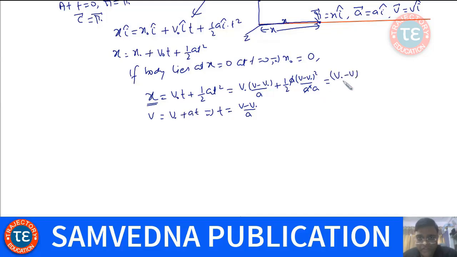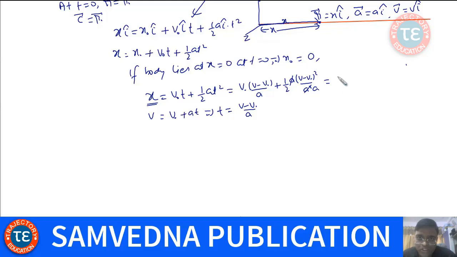So what is left? If I add it, this will be v naught plus v upon 2a. I made a mistake. It's not v naught minus v, it's v minus v naught. That's why I was getting an incorrect result.